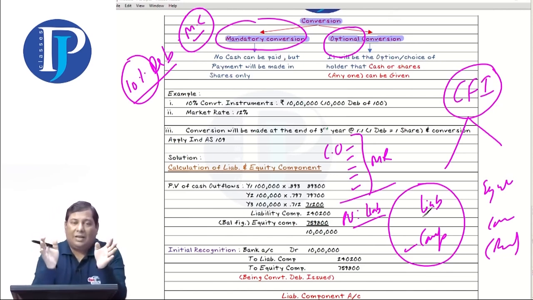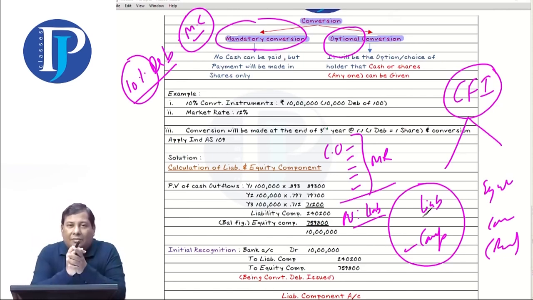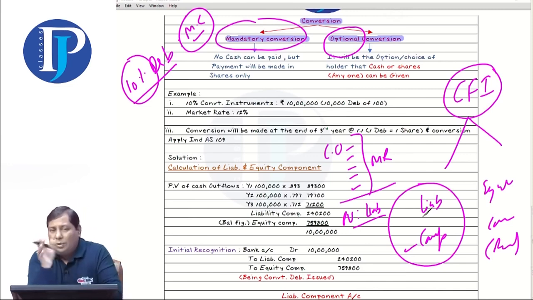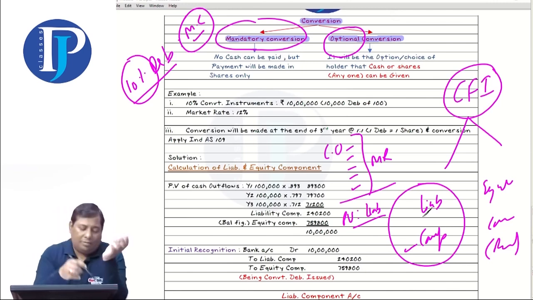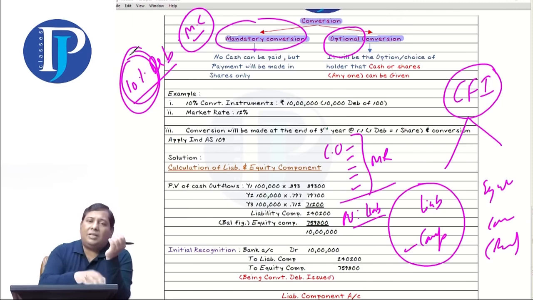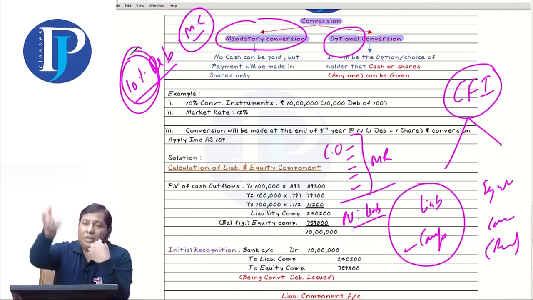But I had advised you to split off all convertible instruments, whether mandatory or optional, treating them as a compound financial instrument. And the students had also asked about the interest payment, suppose the interest is 10% and it is to be paid at the company's discretion. If the company wants to, it will give, or else not.